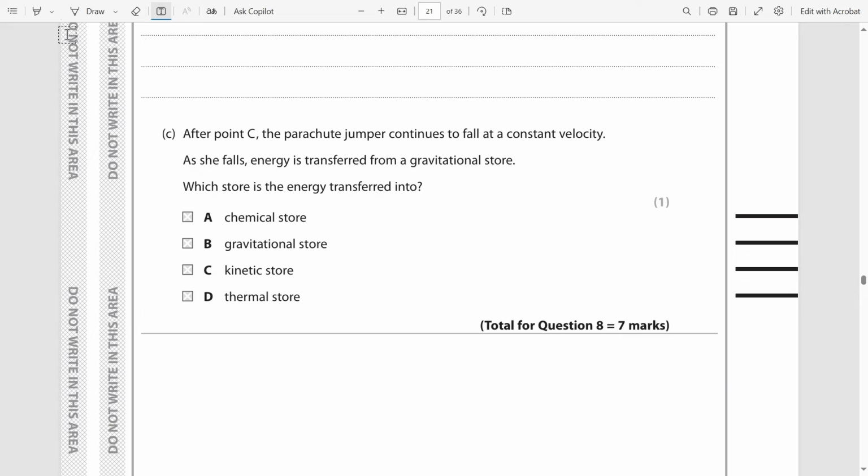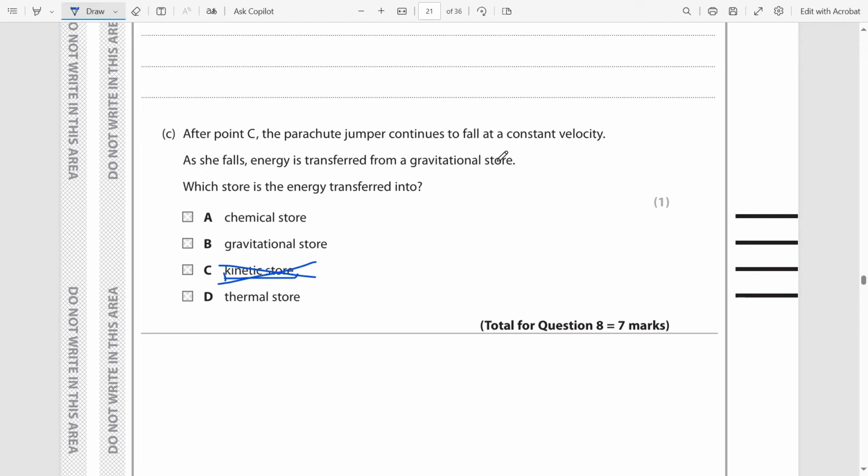After point C, the parachuter continues to fall at a constant velocity. As she falls, energy is transferred to her. So guys, remember, I actually fell for this. Usually when you fall from a height, your gravitational potential energy decreases as it gets converted into kinetic energy.